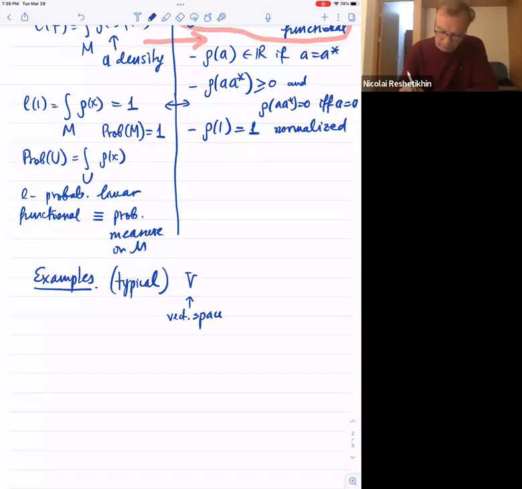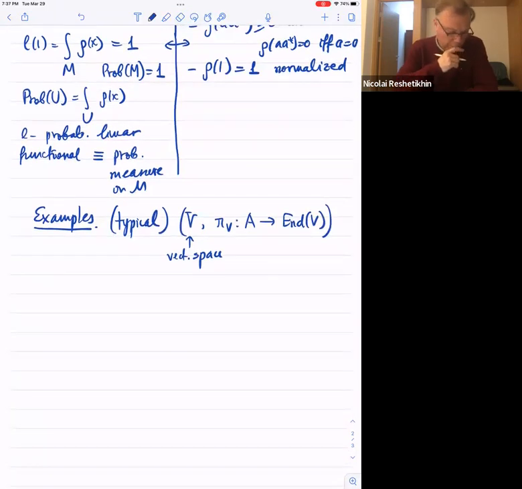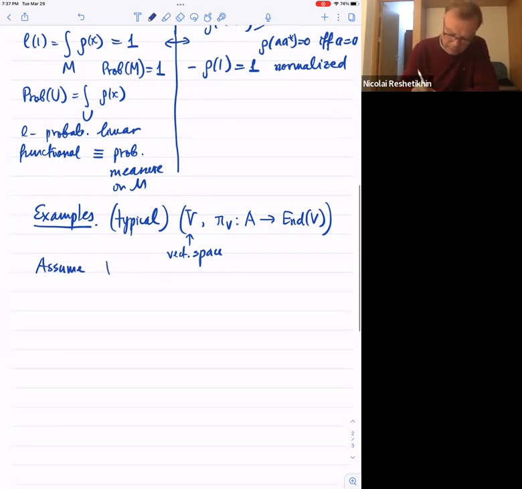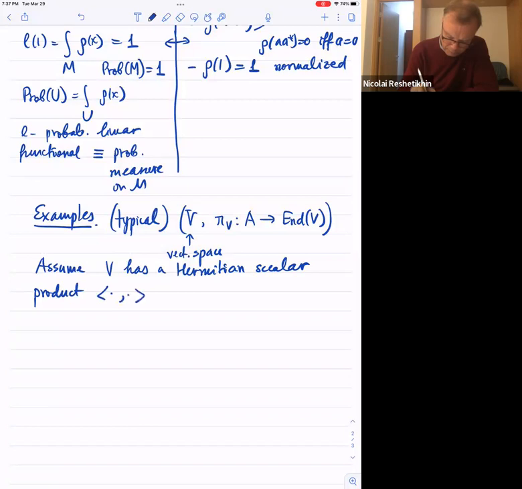Okay, so a typical example. Let's suppose that we have a vector space where we have a representation of our algebra A. So assume that V is a Hermitian vector space. Let's denote it this way.